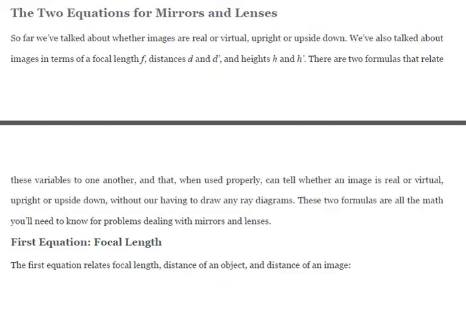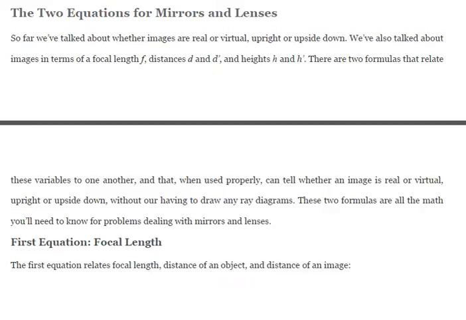We've also talked about images in terms of focal length and distances d and d prime, so how far the object is and how far the image appears, and the heights h and h prime, which would be however tall your object is, and h prime however tall it appears to be.